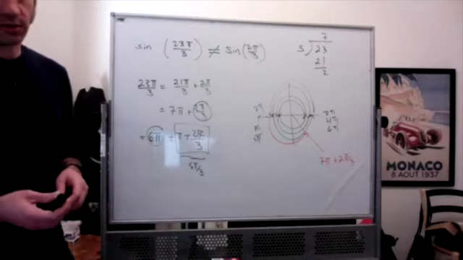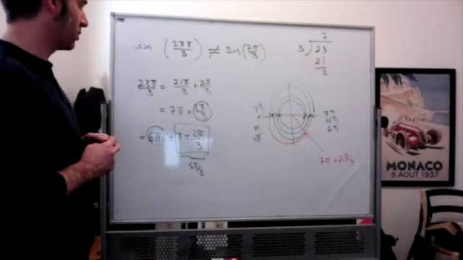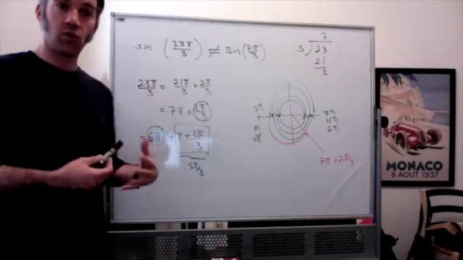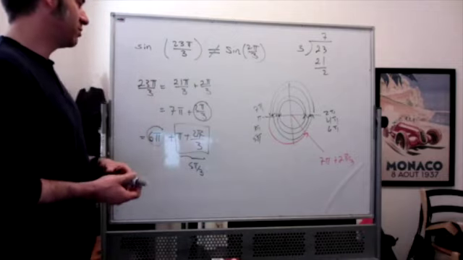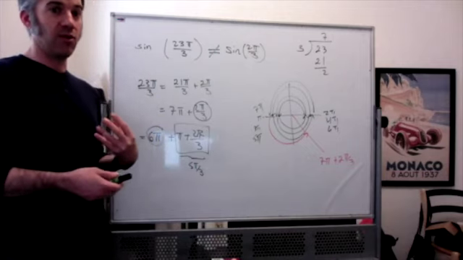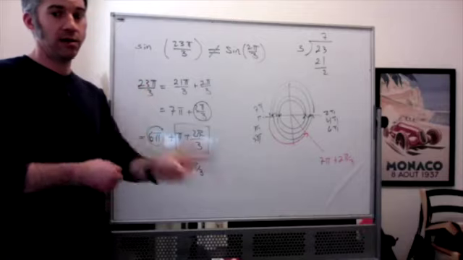So the way I would probably approach this, if you're trying to think of the same angle that your angle is coterminal to, is to subtract off as many full revolutions as possible, meaning as many multiples of 2 pi as possible.